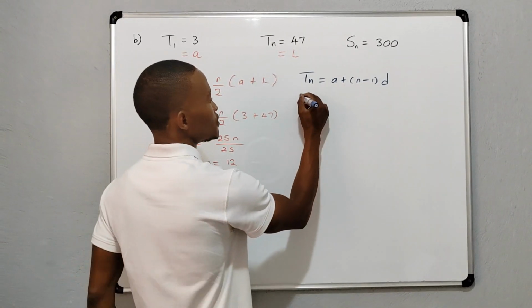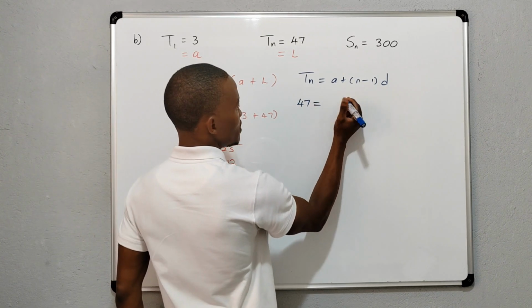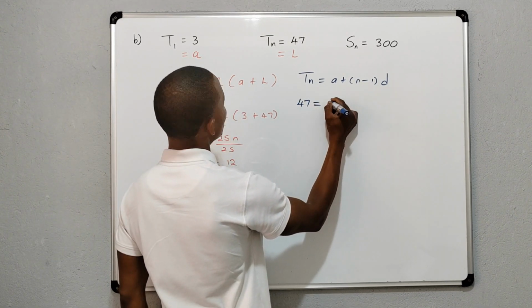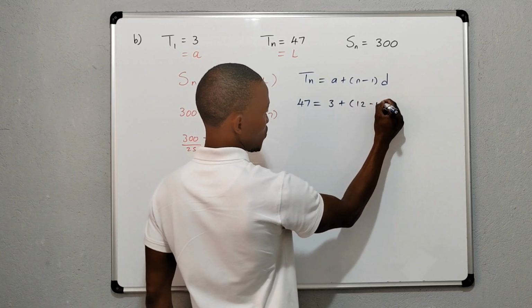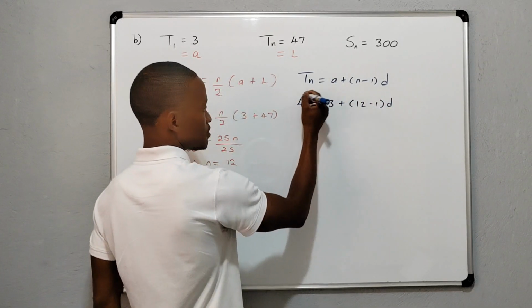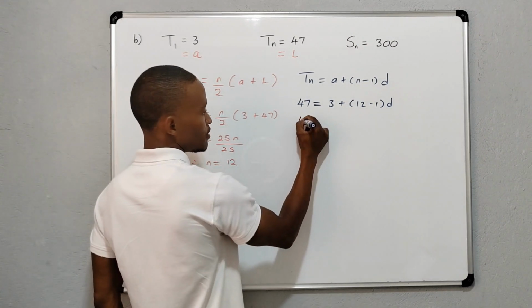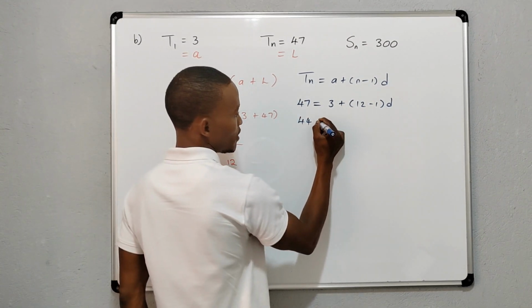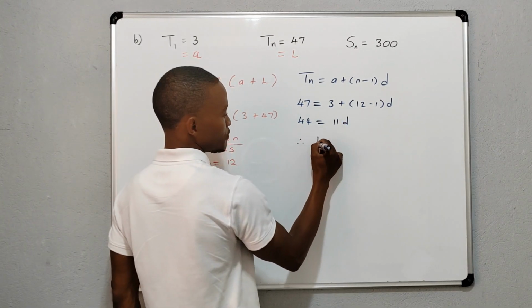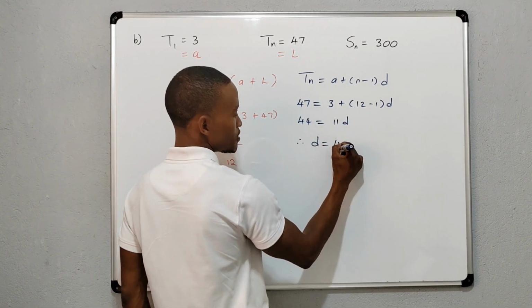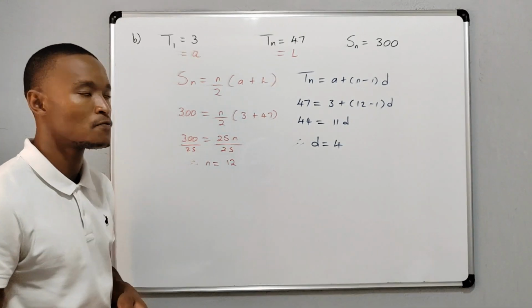So let us substitute correctly. 47 is equal to what? 3 plus (12 minus 1) times d. Transpose the 3, you have 44 equal to 11d. And therefore the constant difference is 4.